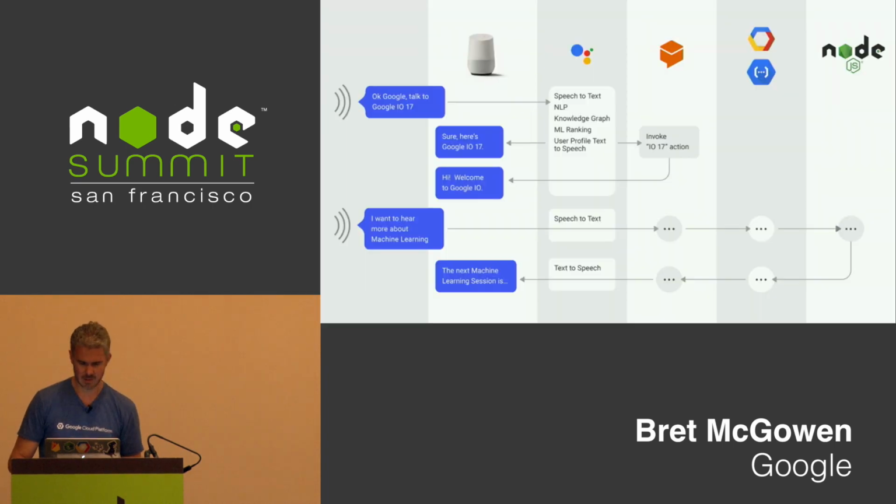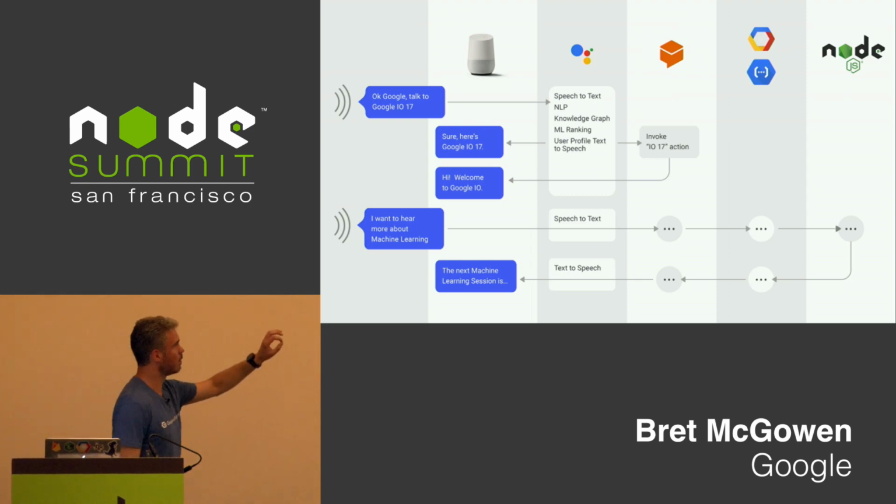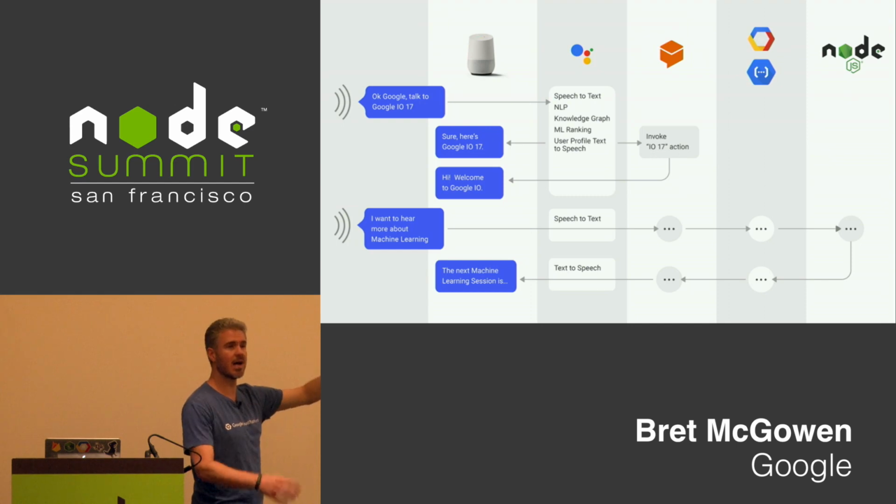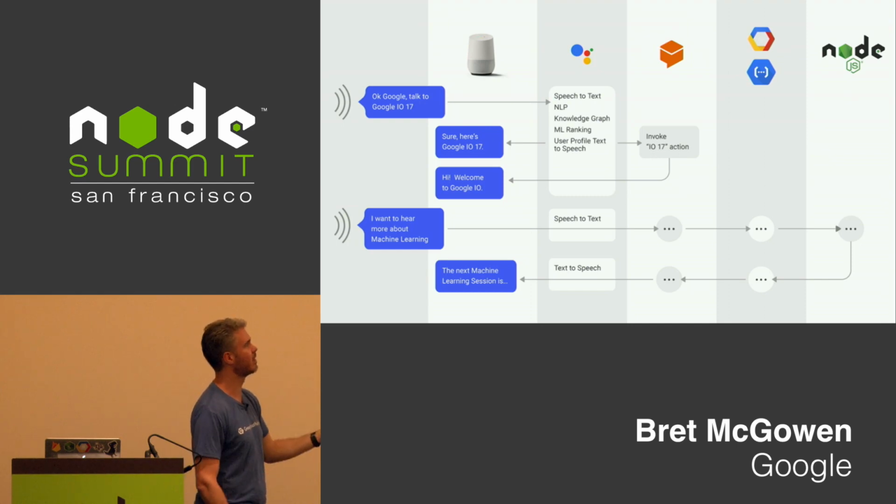So here's the kind of workflow. This is kind of a complicated diagram to take in, but I'll walk you through it. So you say, OK, Google, I'll talk to Google I/O 17. This is an example app that we made for Google I/O earlier this year. And so the Google Home is going to pass that to the Google Assistant. It's going to turn it to text. And then using its knowledge graph and machine learning, it's going to figure out what's the best way to handle that response.